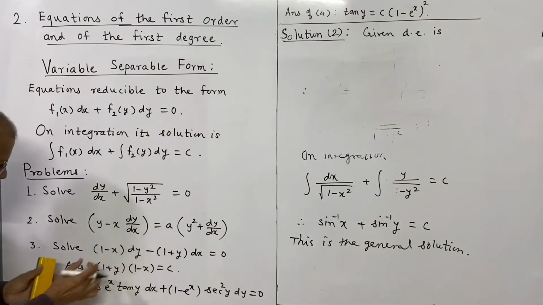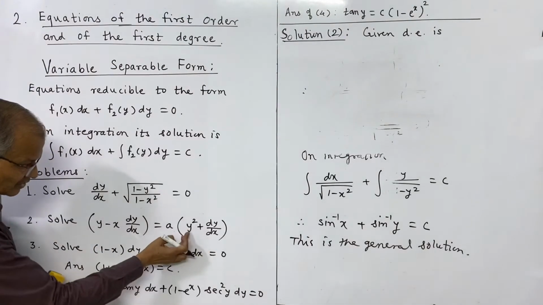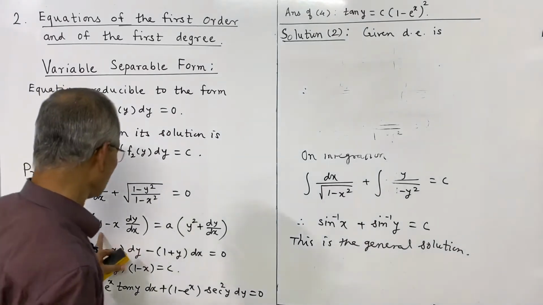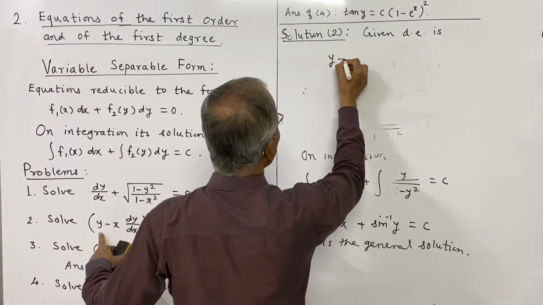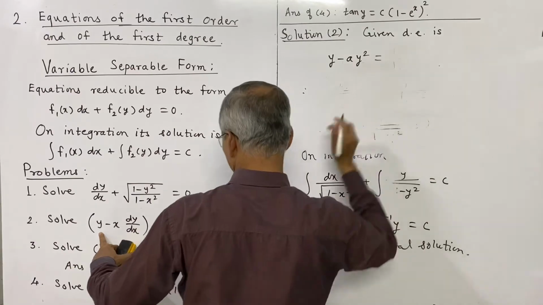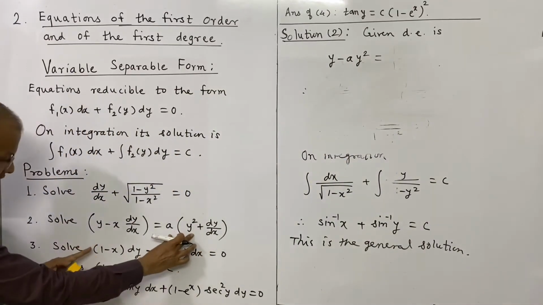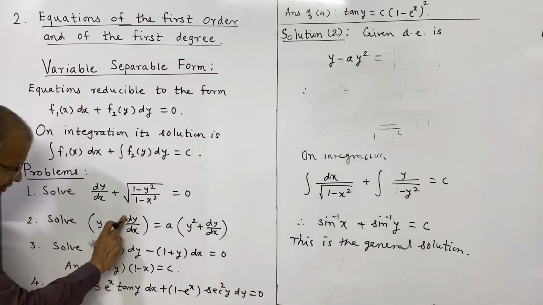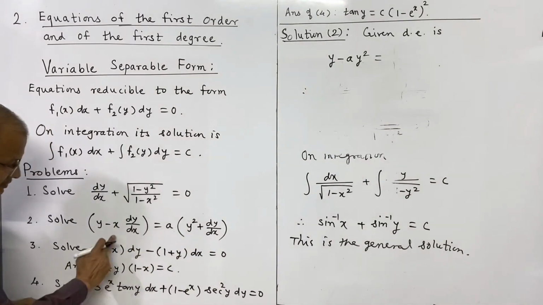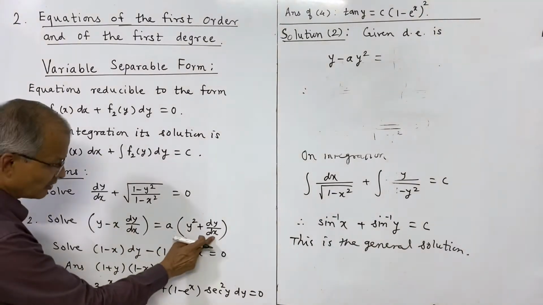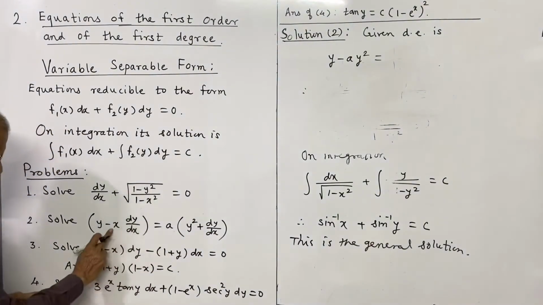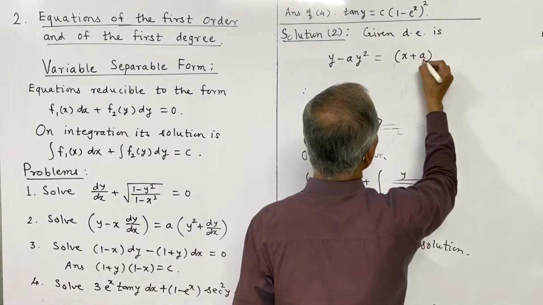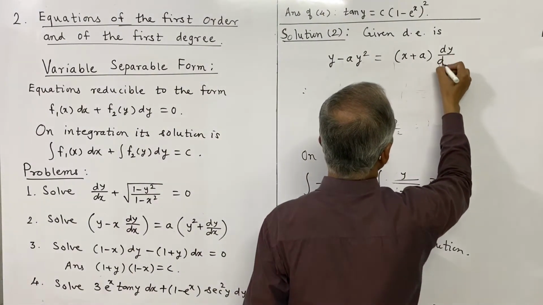So we shift this term of dy by dx on that side, and we shift this term of a into y square on the left side, and that I shall write as y minus a into y square is equal to this term in product shifted on this side, y is kept on the same side, and this negative x dy by dx on that side becomes positive, and here the coefficient of dy by dx is a and this is x. So dy by dx I shall write common, and in bracket it will be x plus a. You can easily check this.